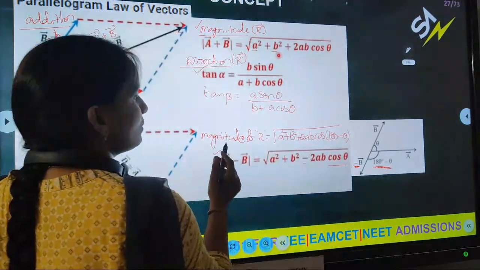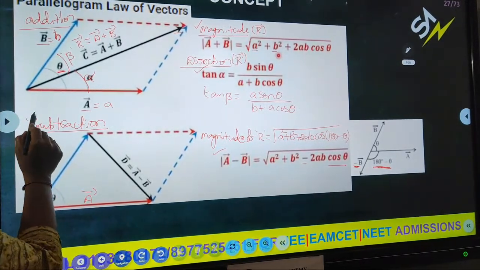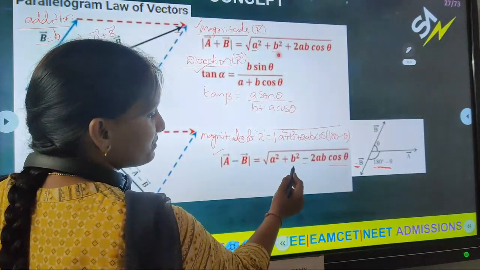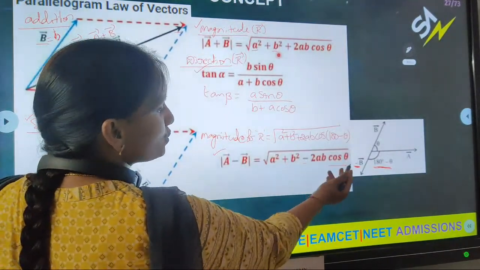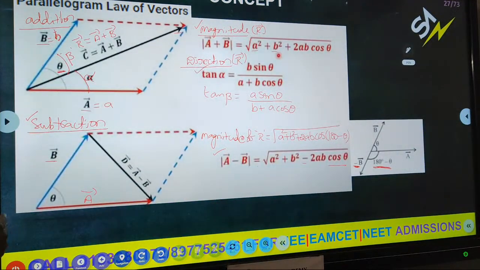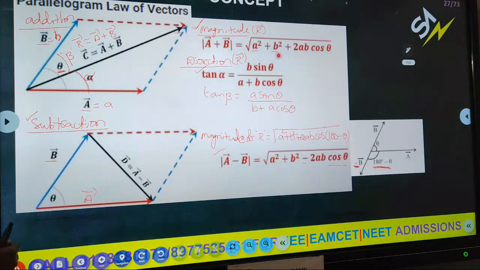So the magnitude of the resultant of subtraction of vectors is under root of a square plus b square minus 2ab cos theta. So these are very important results to solve the questions in the motion in a plane chapter.